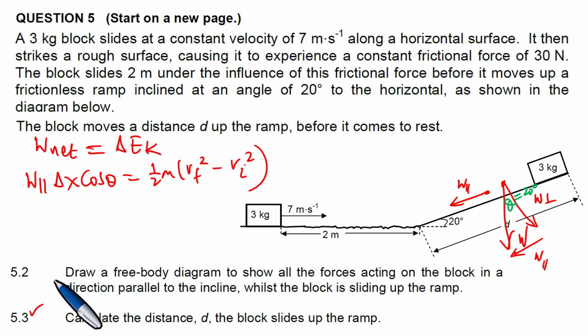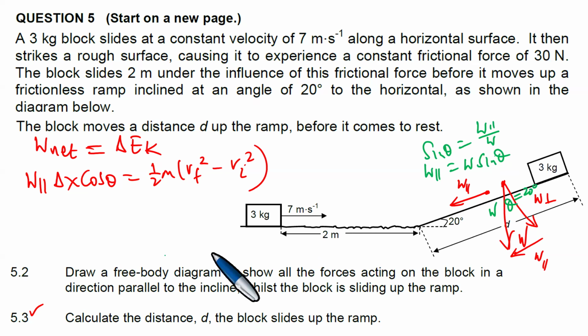Okay, right. And now the delta X here is therefore going to be D. But the question is, what is this W parallel? The W parallel, you can use opposite over hypotenuse. So you're going to use the sine of theta, which is the opposite over the hypotenuse. So W parallel over W means W parallel is W sine theta.